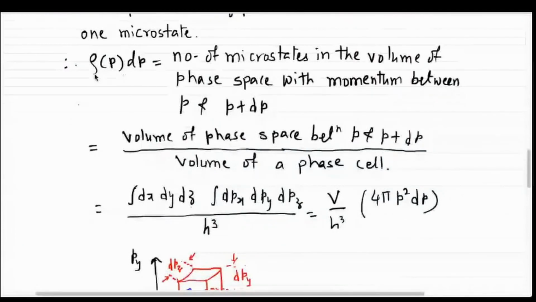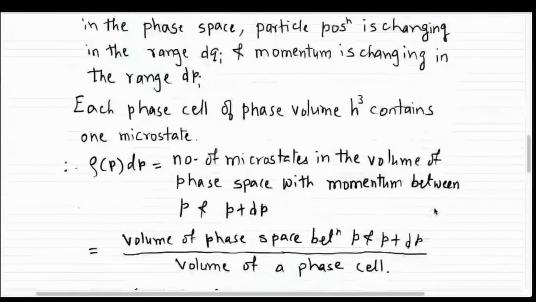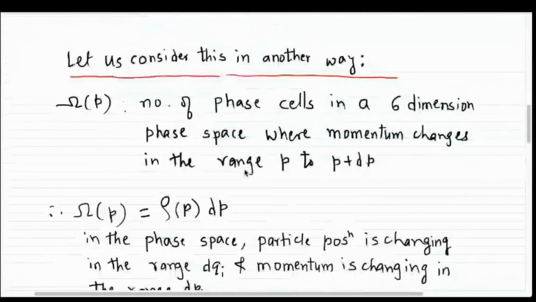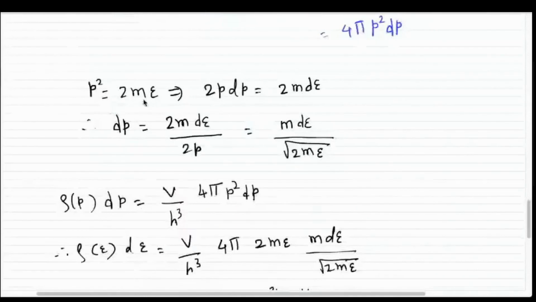Rho p dp then is v upon h cube 4 pi p square dp. What we had obtained here is also the same equation. Okay. Now p square is 2mE and so 2p dp is 2m dE. So we can write dp as m dE upon root 2mE.